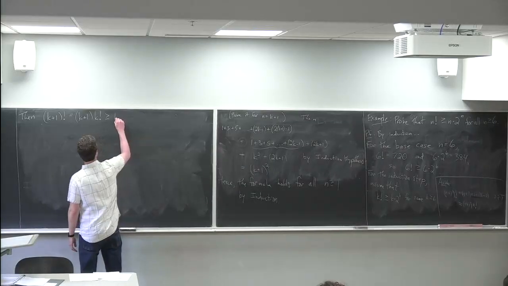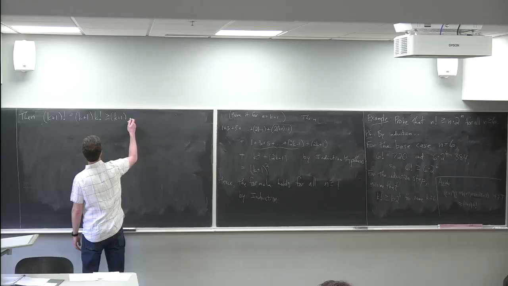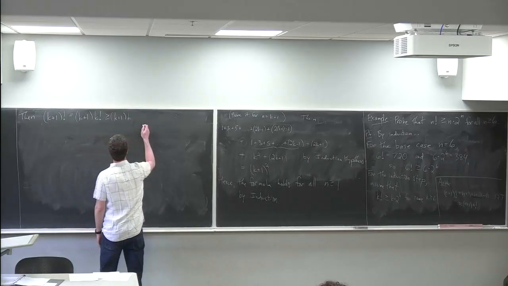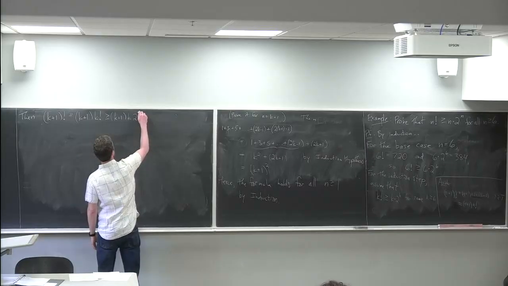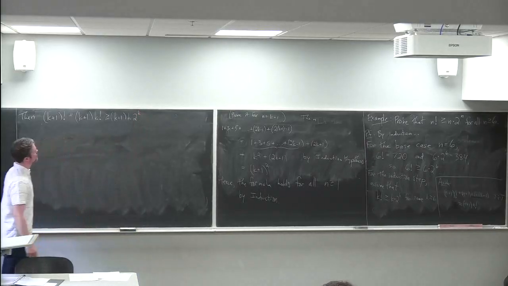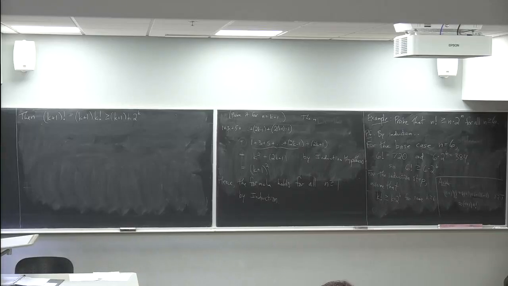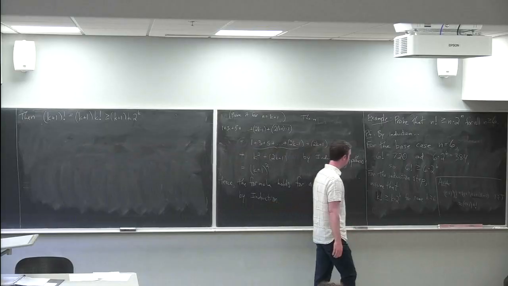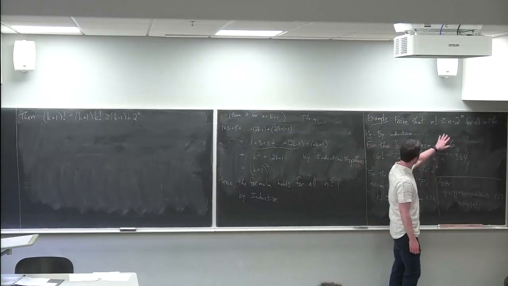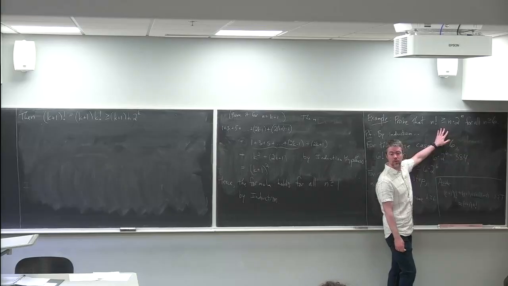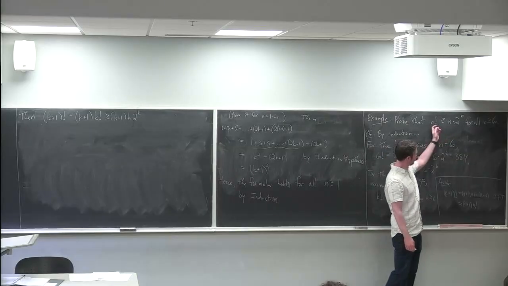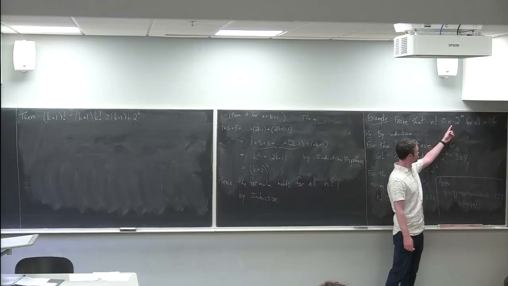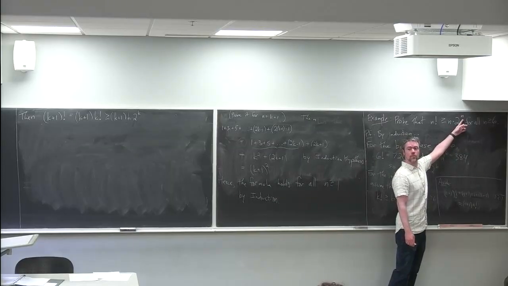So this is k plus 1 times k times 2 to the k. We actually want a k plus 1 times 2 to the k plus 1.